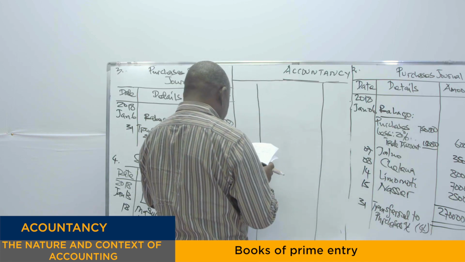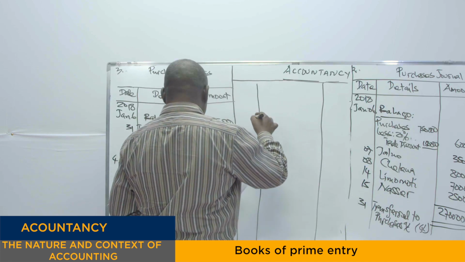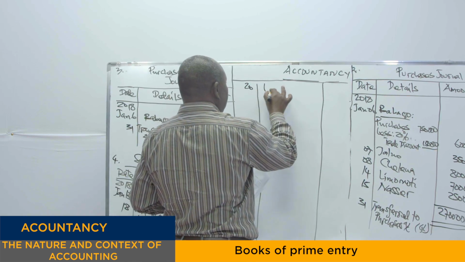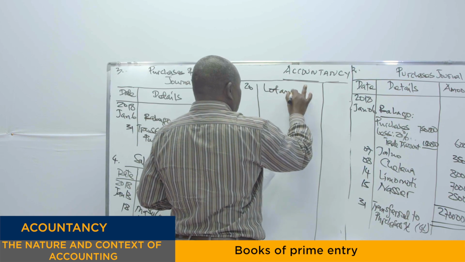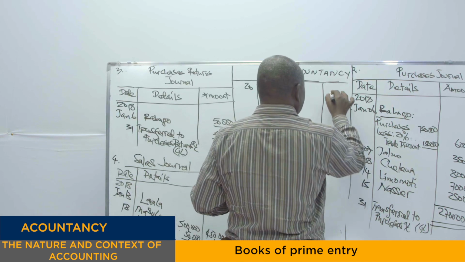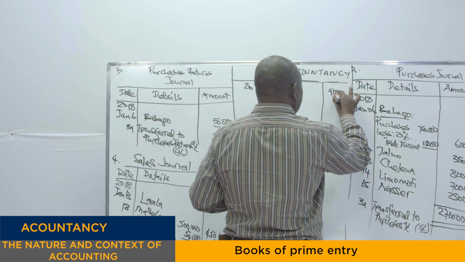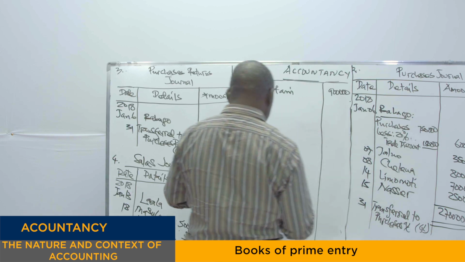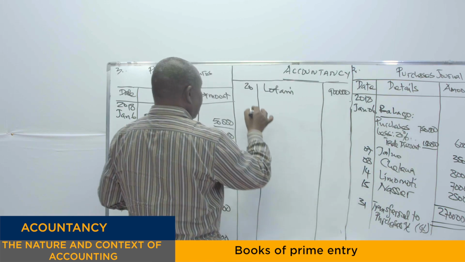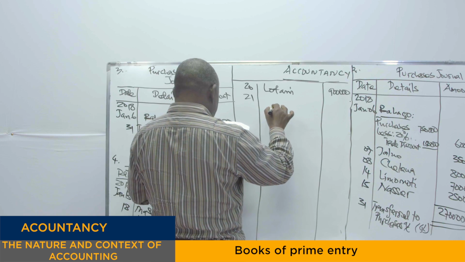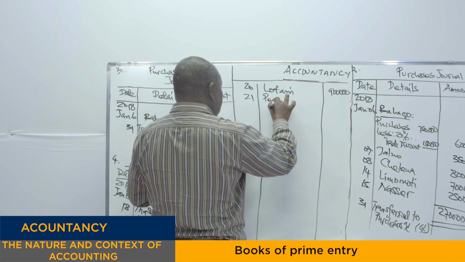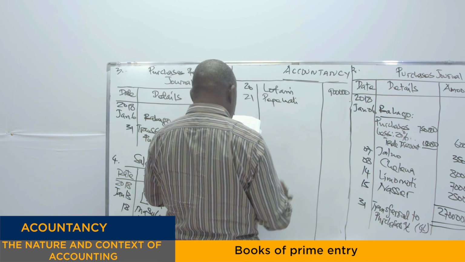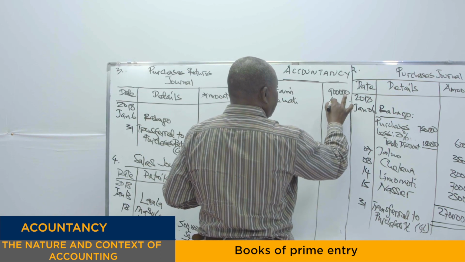So we write now on the 20th, Lotani. The amount is 900,000. Then on 21st, we write Pepekale, 600,000.